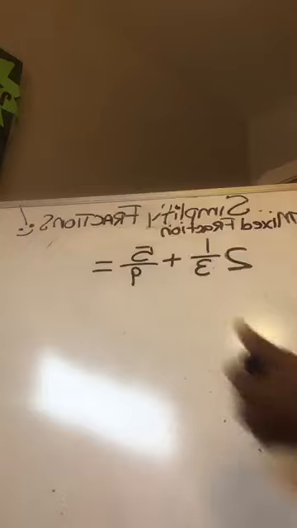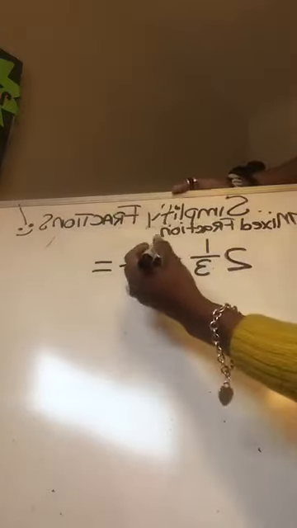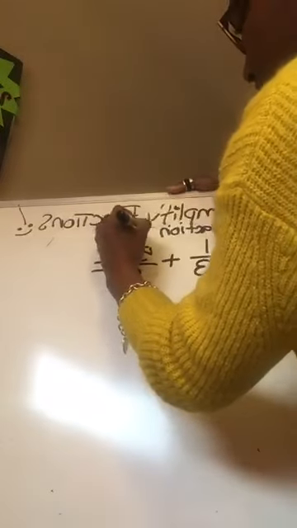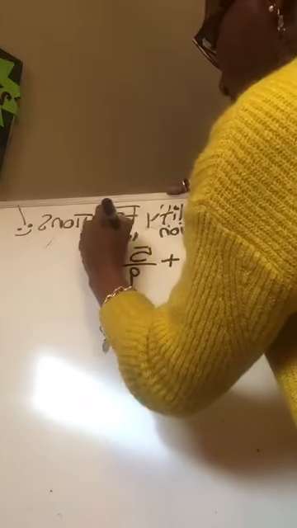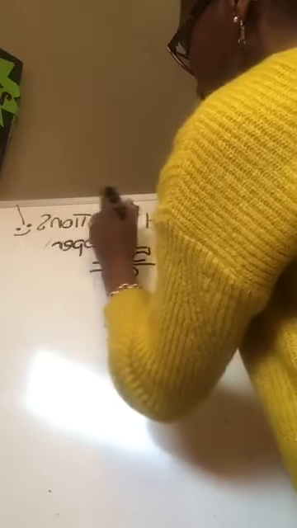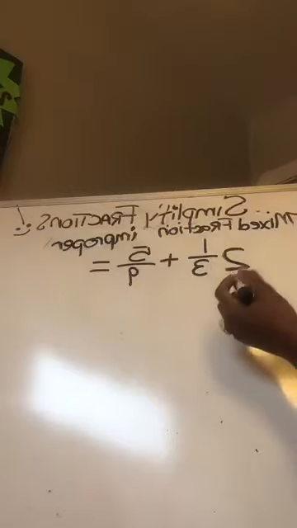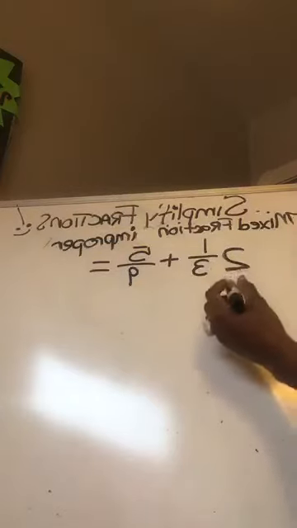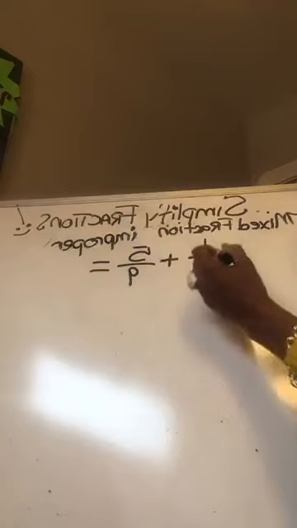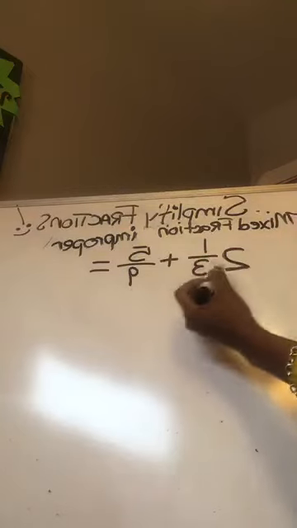Okay. I'm going to add one mixed fraction to an improper fraction. In order to do that, we must first convert or write the mixed fraction as an improper fraction.